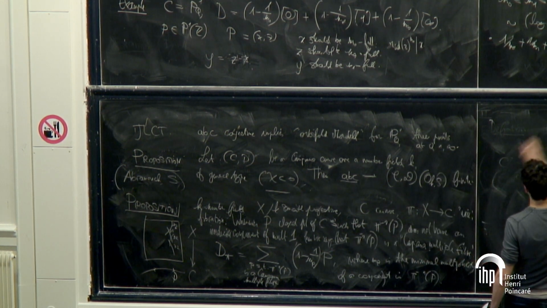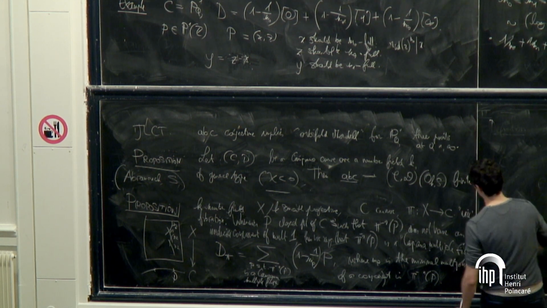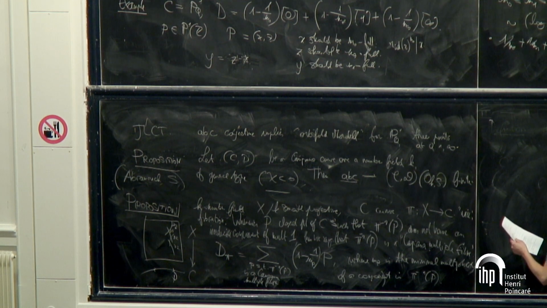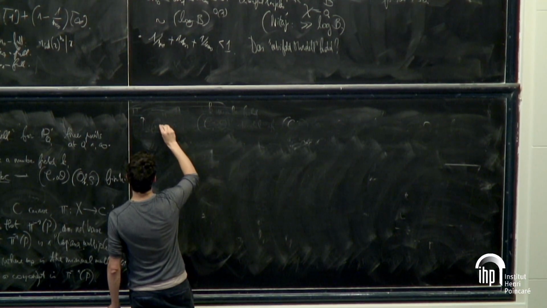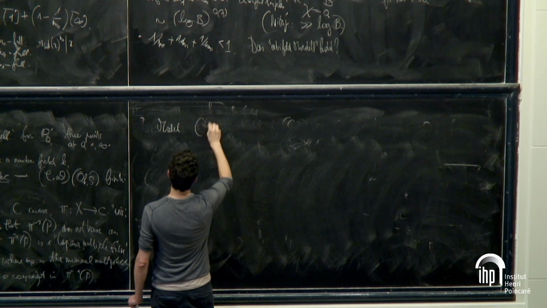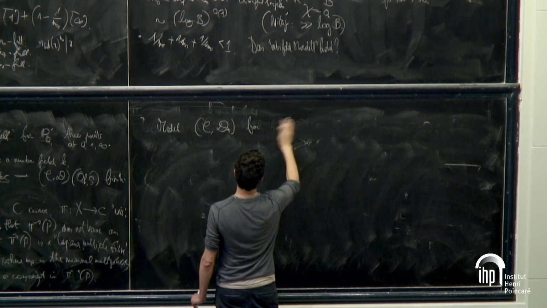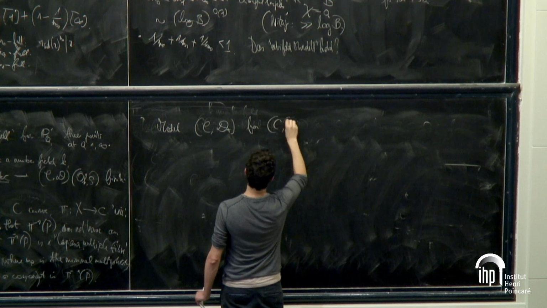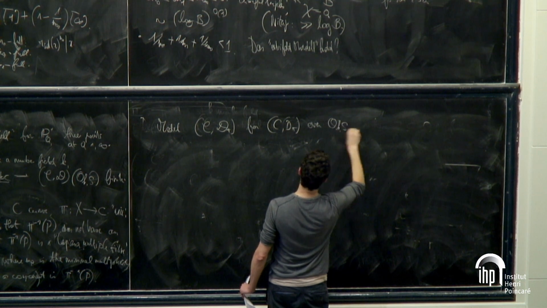Now the key point is going to be the following. We have our fibration pi, we have our divisor d pi on the base curve. Let's take a model (curly C, curly d pi) over some localization of the ring of integers.